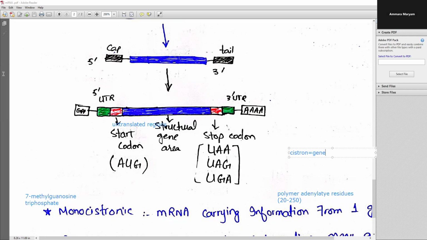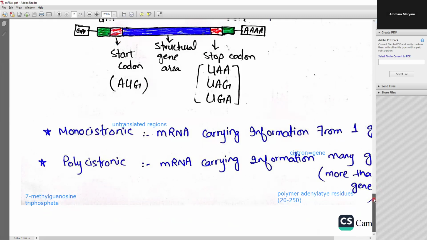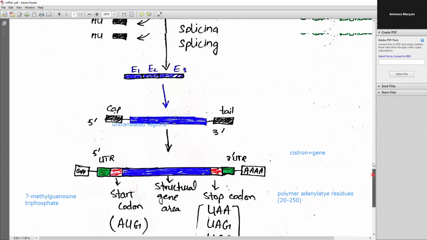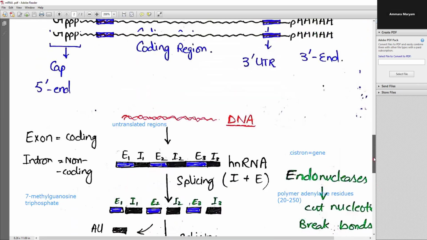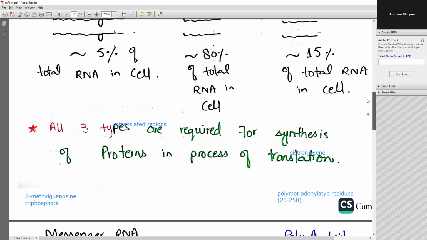And if this messenger RNA is carrying the information from more than one gene, तो उसको हम कहेंगे polycistronic. ठीक है। तो बेसिकली सिस्ट्रॉन हम किसको कह रहे हैं, सिस्ट्रॉन बेसिकली हम कह रहे हैं कि one cistron is equal to one gene. So this is the whole process.